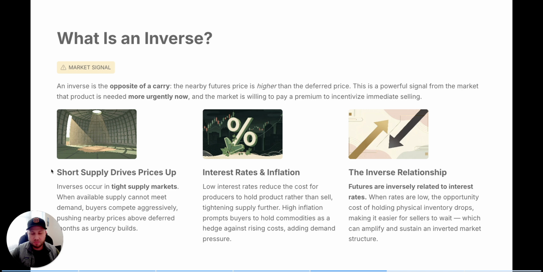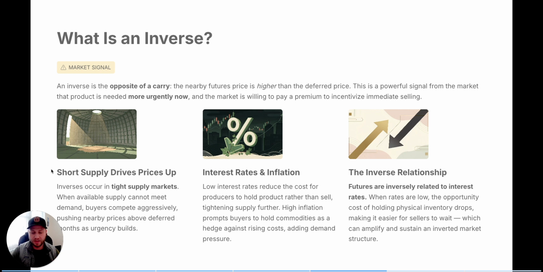So also think about interest rates and inflation. Low interest rates actually reduce the cost for producers to hold a product and sell, right? So that can tighten supply further. If you are a producer and you say, it doesn't really cost me that much to carry product for another 3 or 6 months, you can choose to sell whenever you want, and the market forces aren't going to incentivize you to be selling something in the nearby.